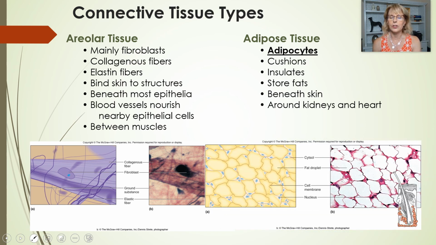And this is what it looks like when you look at it through the microscope. Now, adipose tissue kind of breaks the rules of connective tissues because the cells are actually attached to each other pretty strongly. They don't have extracellular matrix, but they do have a lot of fat inside the individual cells. Okay, we're going to pick up here at the beginning of the next video.